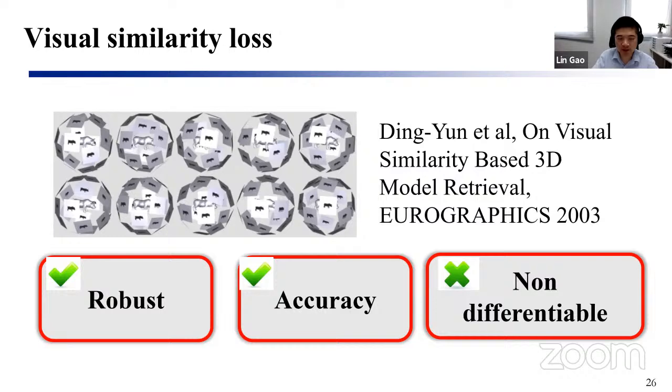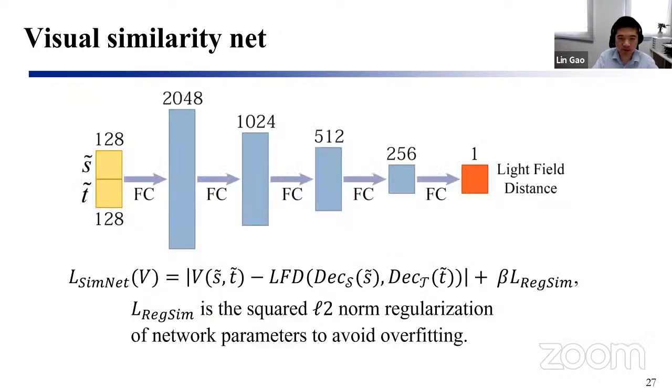So here we design a network. The input is two shapes. The output is the light field distance. We know that the light field distance is used to measure the visual difference between the source shape and the target shape. And here is the regression.